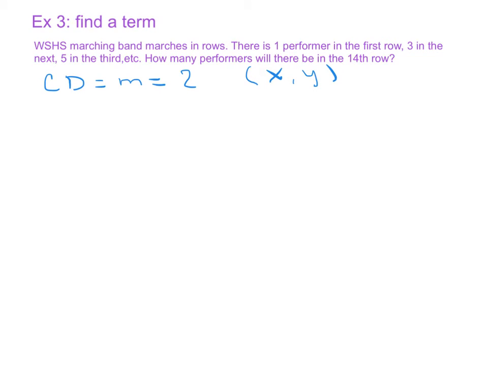In the second term we have 3 performers, or in the second row. And so we'll just use that point. We could have used another point as well. I believe we could have used 3 and 5 for the third row having 5 performers. And then we're going to use the point slope form.